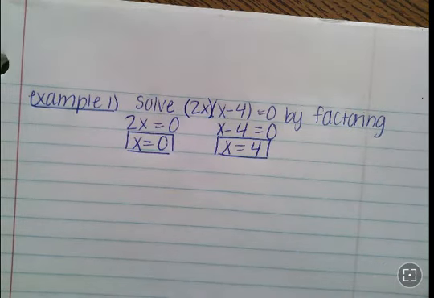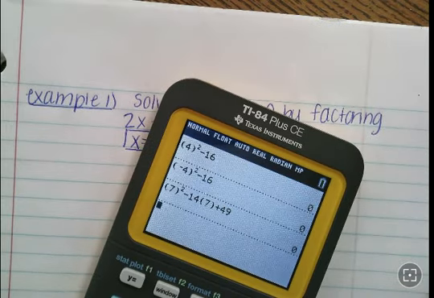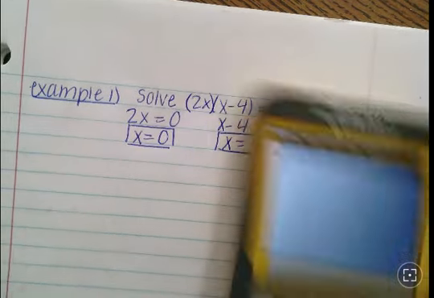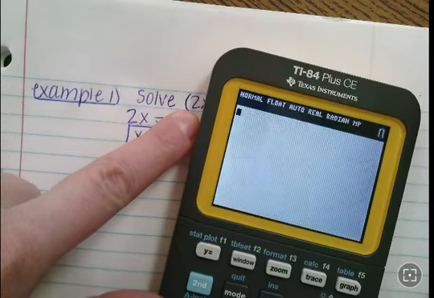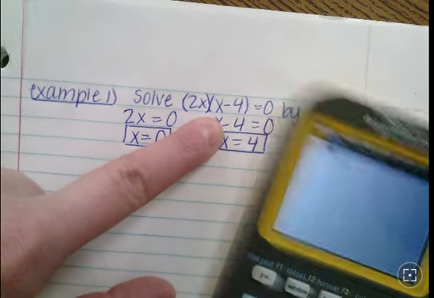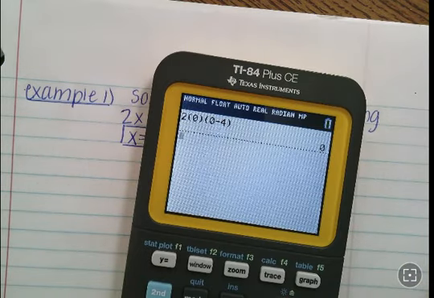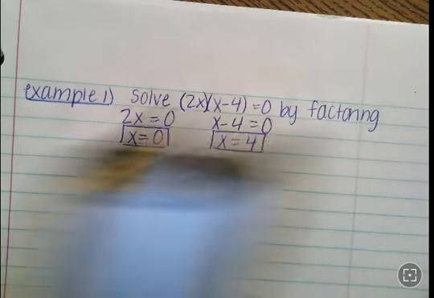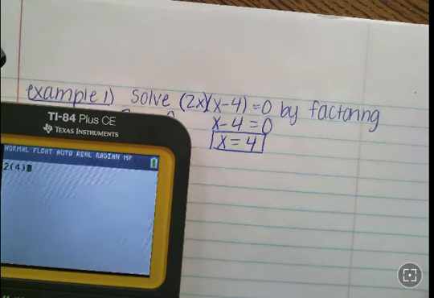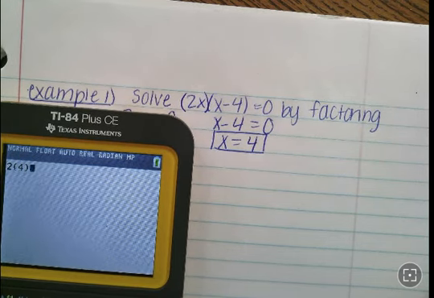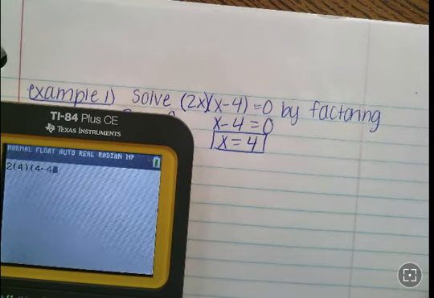Okay? And remember, you can always check your answers, and there's two ways to check. The first is by plugging them in. Okay, so if we plug in 0, so we've got 2 times 0 times 0 minus 4. Oh, would you look at that? You got 0. Okay, let's try the other one, make sure we're right. 2 times 4 times 4 minus 4.